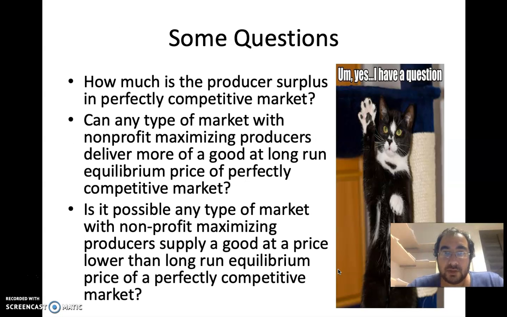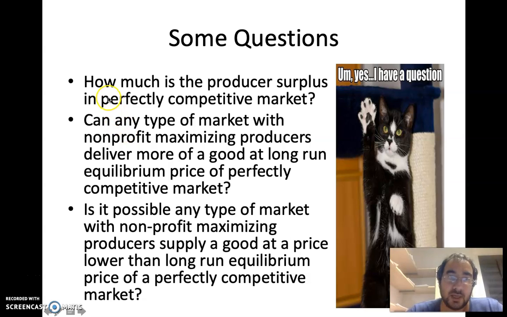Why is this solution so perfect? In order to analyze its perfection, we might ask questions. Of course, there could be other long-run questions, but for the basic analysis, to understand the basic logic, we might ask three questions. What is producer surplus in a perfectly competitive market?